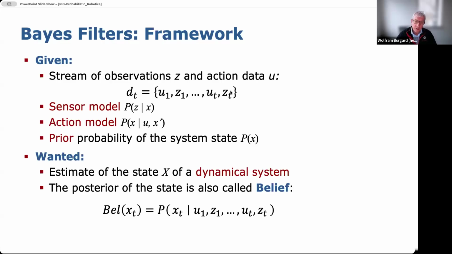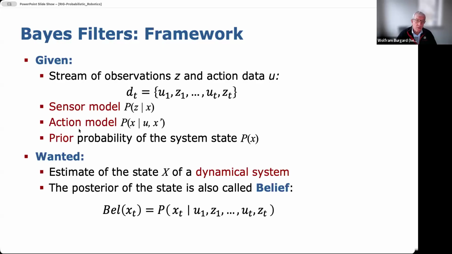And for this, we assume that we have two functions. The first one is the so-called sensor model, which gives us the likelihood of the observation Z given the state X. So we're asking basically the question, what is the probability of measuring 1.5 meters given the system is 1.4 meters away from the next obstacle?